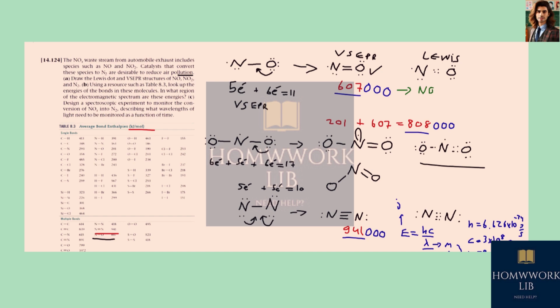So once you get the values, what I have over here for NO is 197 nanometers. For NO2, let me check my notes, please.